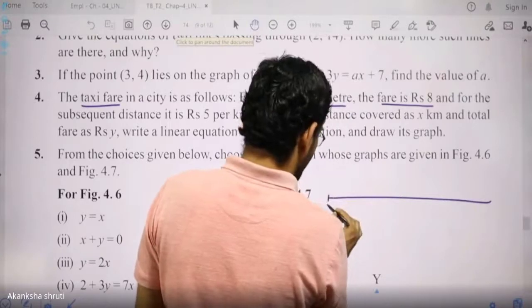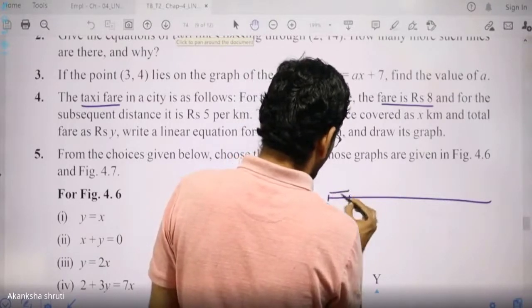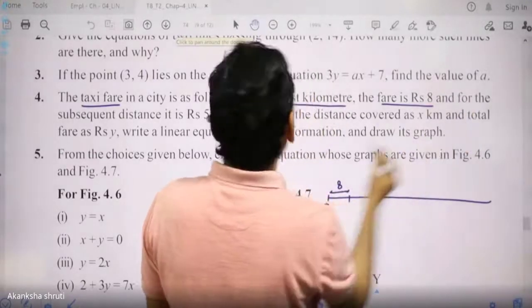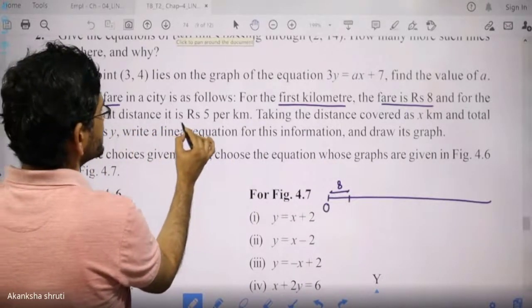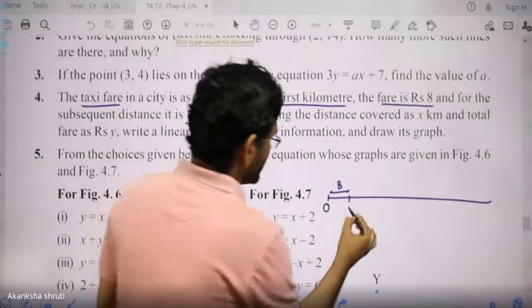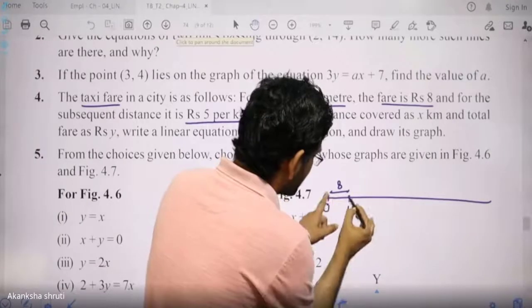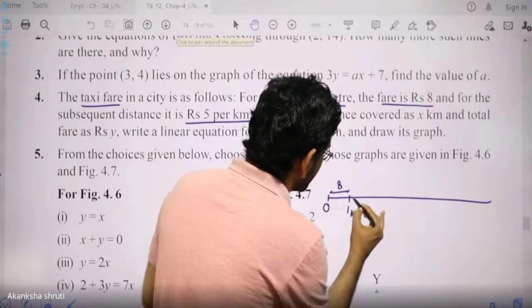If we are considering this is the starting point, this is 1 kilometer. So for this 1 kilometer, it is ₹8. And for the subsequent distance, it is ₹5 per kilometer. Students, from 0 to 1, the 1 kilometer covered, the cost will be ₹8.